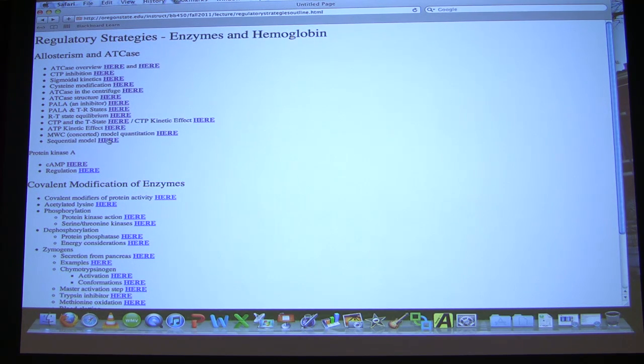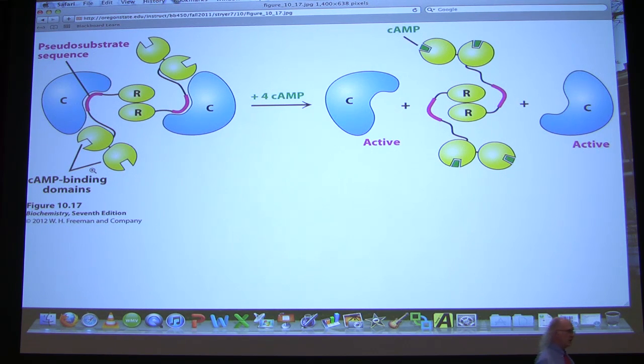So far with allosteric effectors, we've talked about the T to R or the R to T conversion. We've seen shape changes that occurred as a result of binding of allosteric effectors. Cyclic AMP is an allosteric effector, but it's not doing T to R changes. It's doing something like shown here.